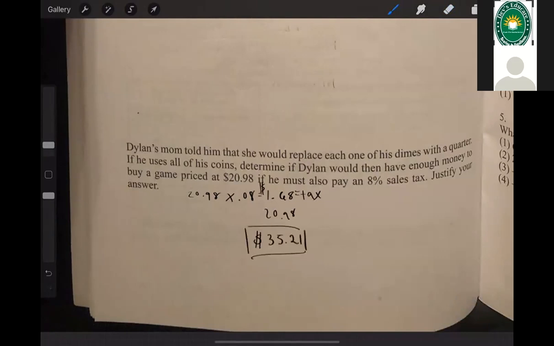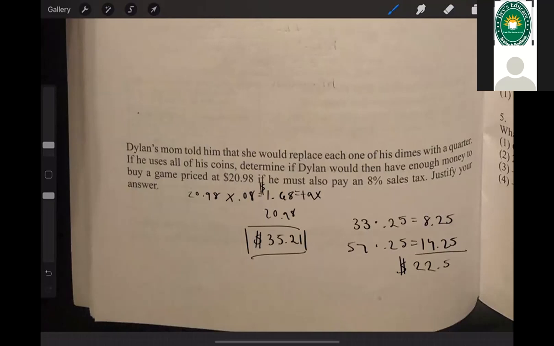$22.66. So then if 33 dimes were replaced with 33 quarters, it would be 33 times 0.25, which equals 8.25. And if there are 57 times 0.25 equals... So he would have $22.50.